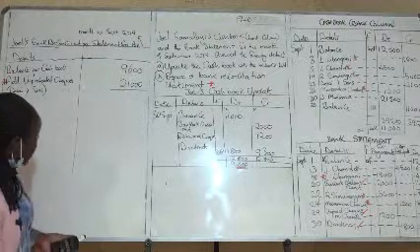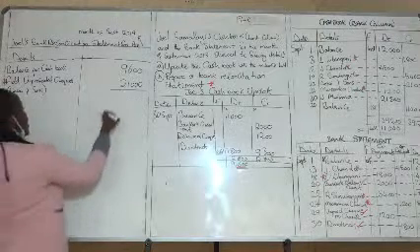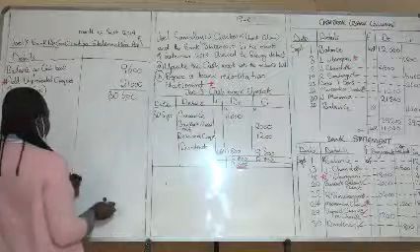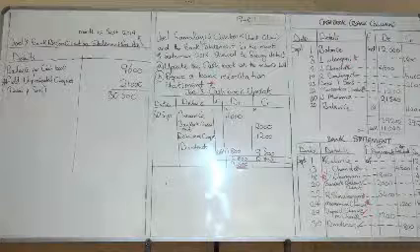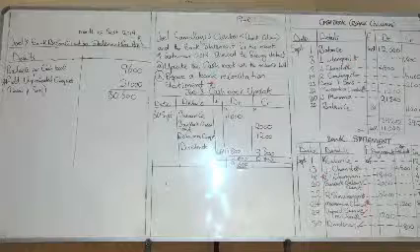So as we add, our answer is 30,600. So bank statement. We move to uncredited.